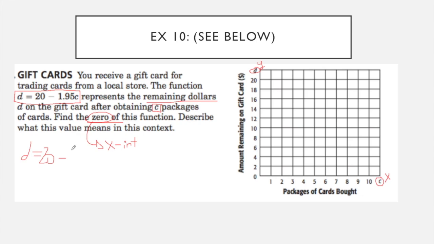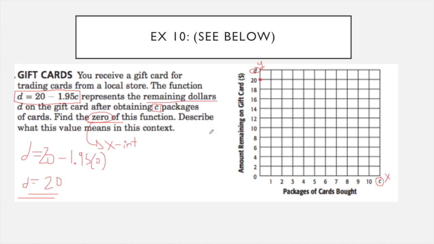So 1.95 times 0, what will I get? 1.95 times 0 is just 0. So d will equal 20, and that's all. So that is the intercept, the d-intercept or the y-intercept. So that's going to be up here at 20. So that's 1 point for our graph.